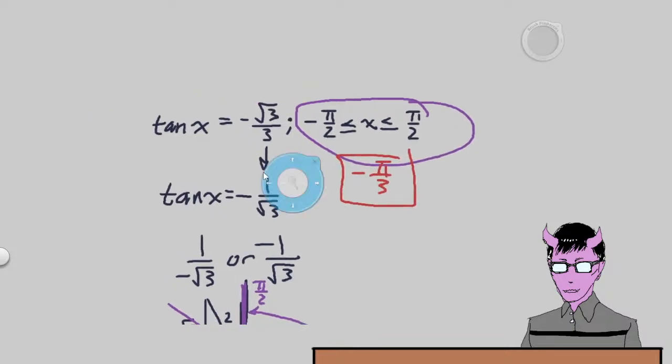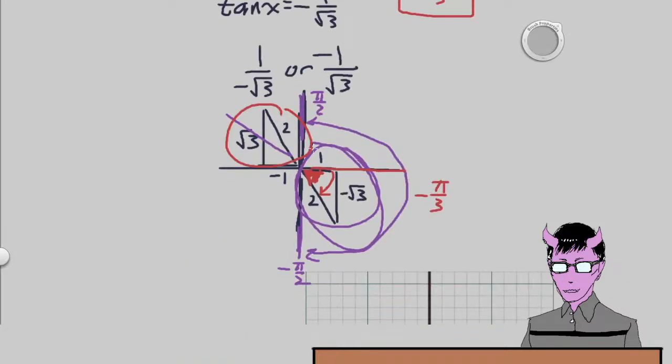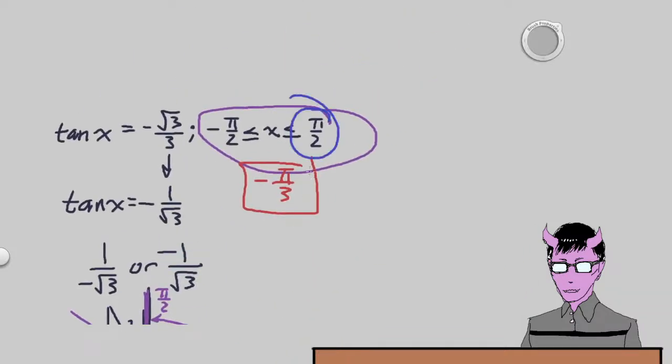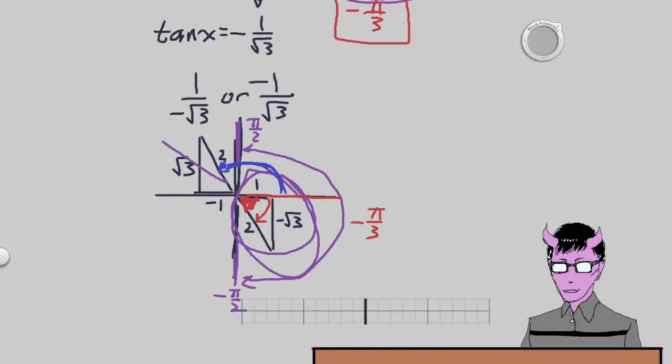So that's the only answer that we will be getting for this particular one right here. Again, we disregarded this triangle because if we consider this blue scenario, going from here neutral to this location is a positive angle that's greater than pi over 2 because we are breaking past the wall for the rotation, and we're already past that one. So the smallest possible positive angle is disqualified from the domain restrictions.